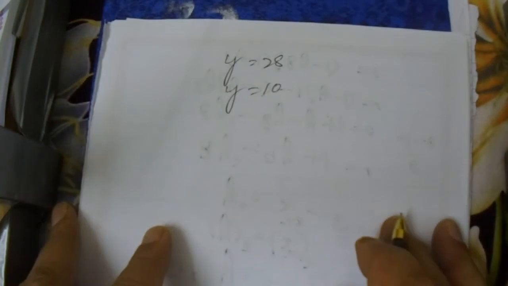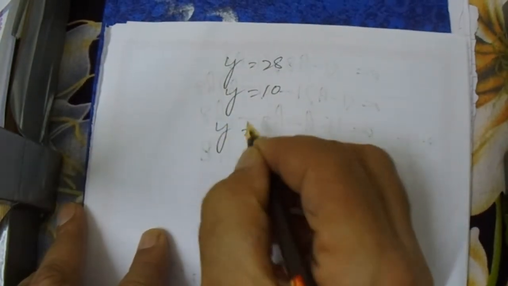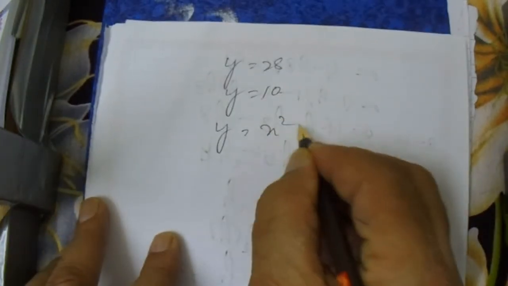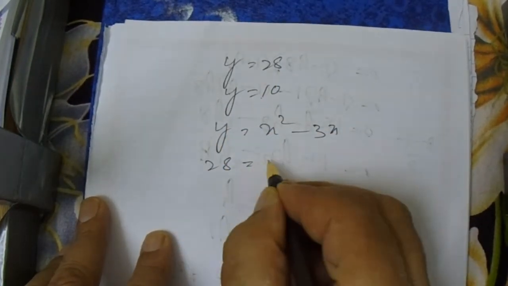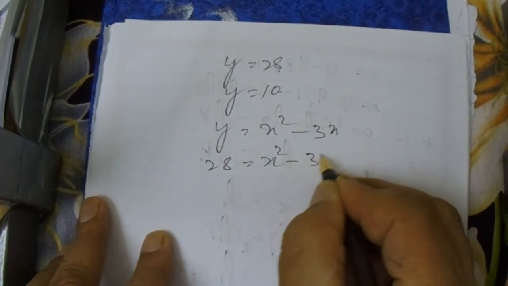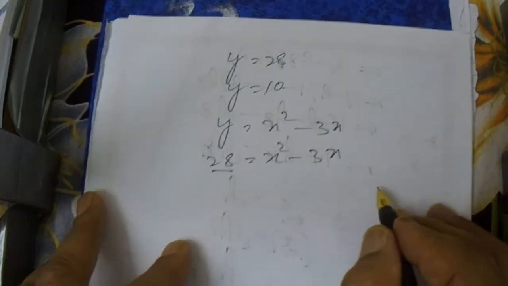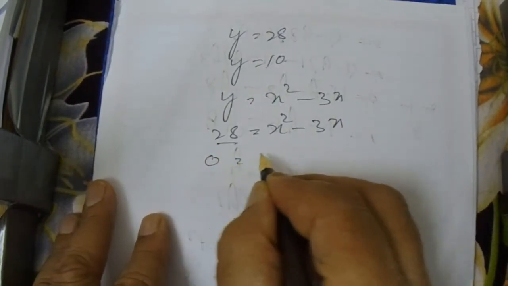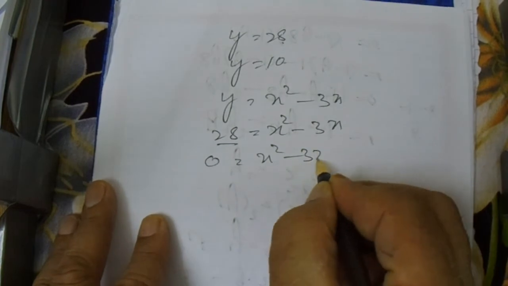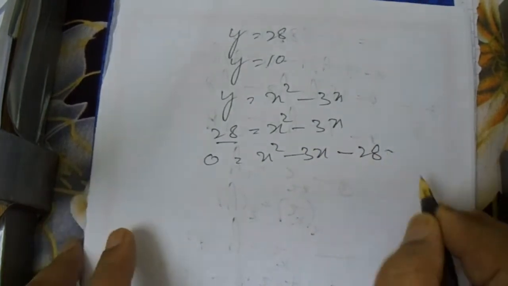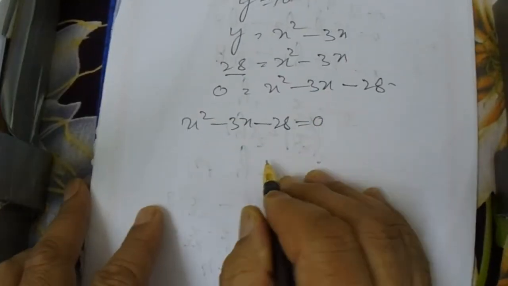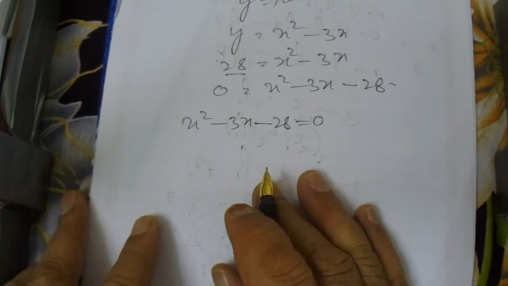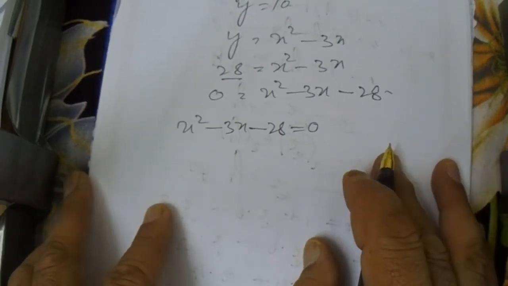Now we put back y. We have put y is equal to x square minus 3x. Now we put 28 here: 28 is equal to x square minus 3x, and this value goes to the right side, and 0 is equal to x square minus 3x minus 28. Now we write like this: x square minus 3x minus 28 is equal to 0. 4 7s are 28.